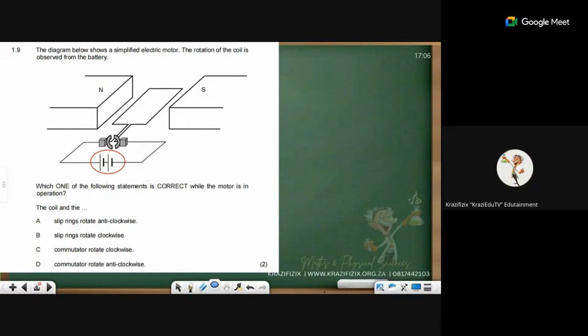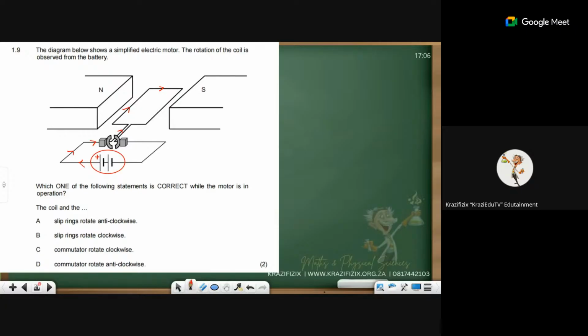Okay, what do we know? Now check this. Current is going this way. Left hand, I'm pointing to the south.